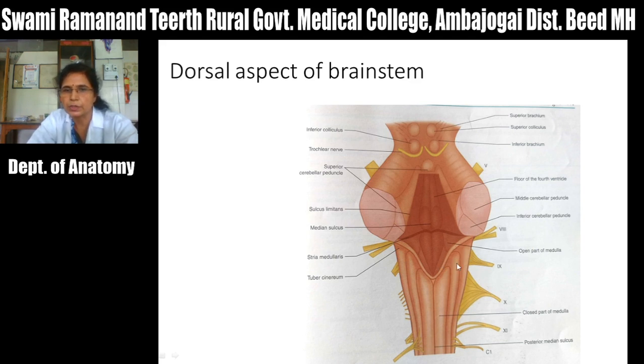Dorsolateral to the cuneate tubercle, there is another elevation produced by the inferior cerebellar peduncle, which lies on the dorsolateral aspect of the nucleus cuneatus and connects the medulla with the cerebellum.